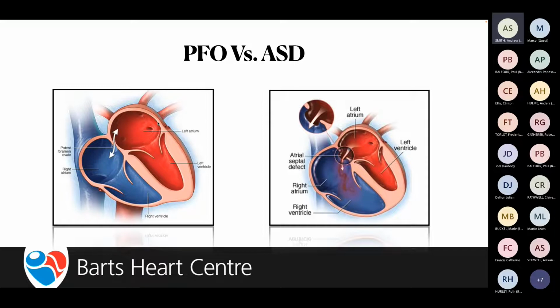Now, once you're born, you start to breathe air and oxygen. Left atrial pressure increases a little bit, and this valve is designed so that as left atrial pressure increases, the flap comes across the atrial septum and seals off, usually within the first hours or days of life, but certainly in the majority of people within the first year of life.